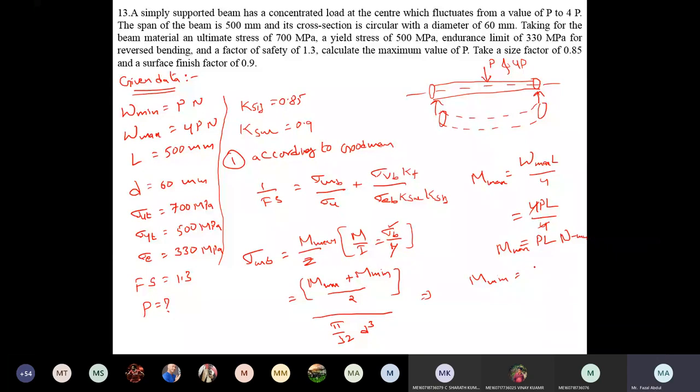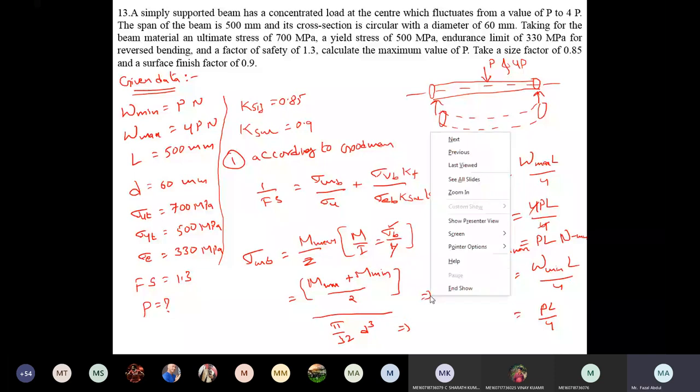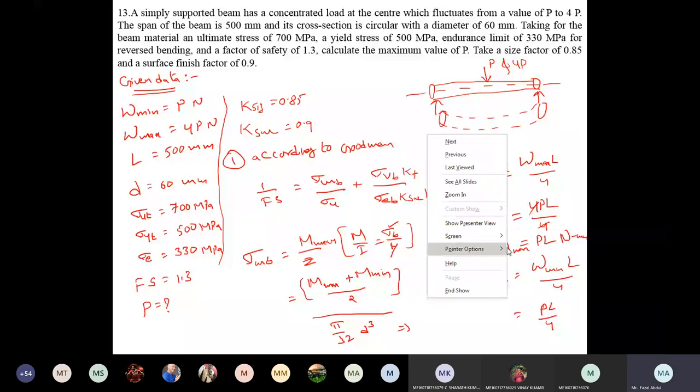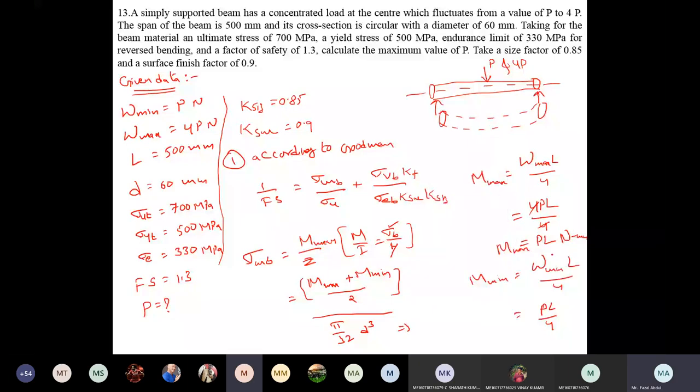Similarly, the minimum bending moment is W minimum into L by 4, and the minimum value is PL by 4. Substituting here, how much is the sigma mean B value?